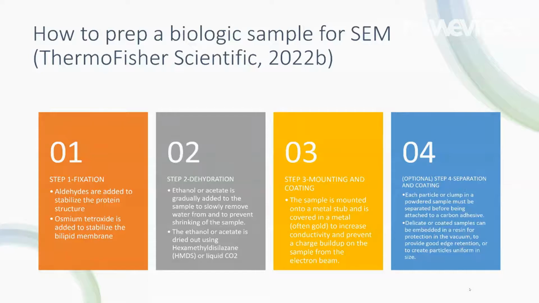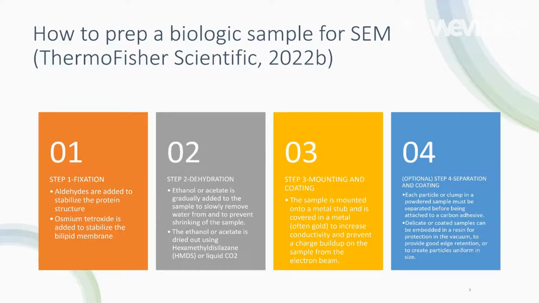So they suggest for biologic sample prep, which is really consistent with all sample preps, that the first step is going to be the fixation step, where you need to stabilize either the proteins or the lipids or both. The proteins are stabilized by adding aldehydes to the sample, while the lipids are stabilized using osmium tetroxide.